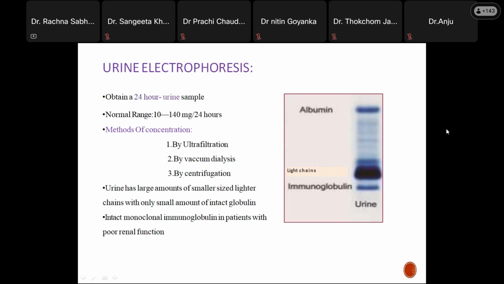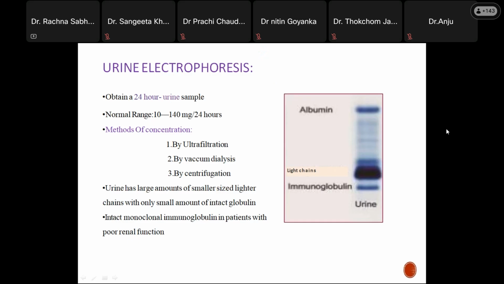Another thing is that monoclonal gammopathy is present in up to 8% of healthy geriatric patients as well. All patients with monoclonal gammopathy require further evaluation to determine the cause of the abnormality. I've already talked about MGUS and smoldering multiple myeloma.